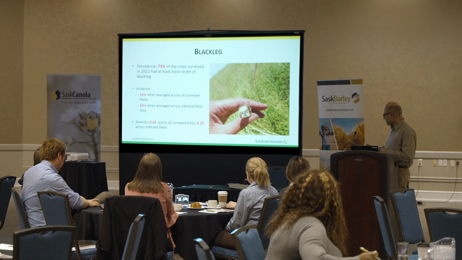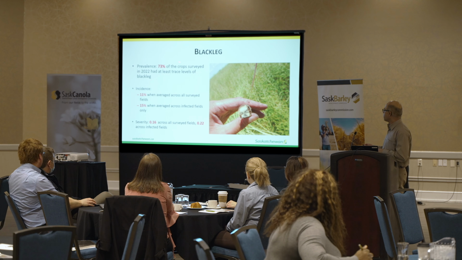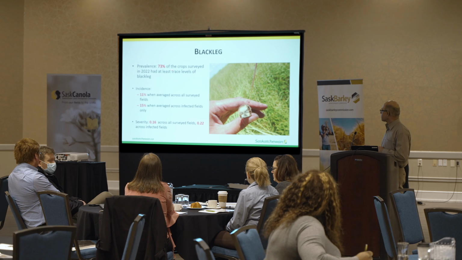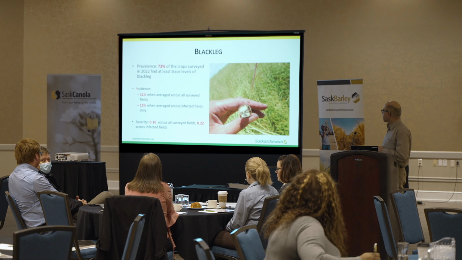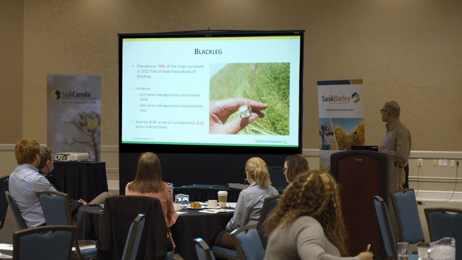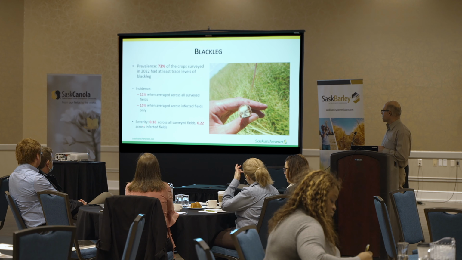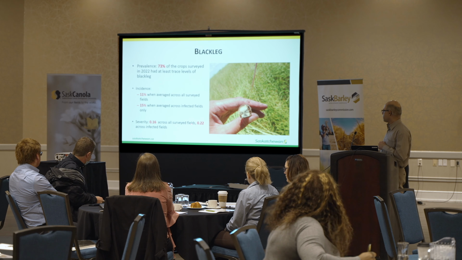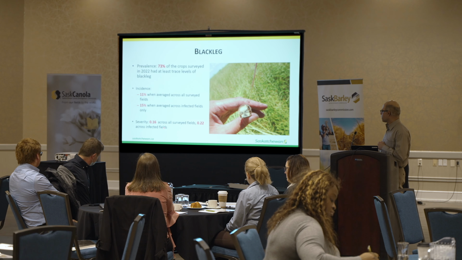Last growing season, blackleg was found in 73% of Saskatchewan canola fields. Incidence was 11% across all surveyed fields, 15% when averaged across infected fields. Severity was 0.2, or 0.16 across all surveyed fields, 0.22 across infected fields.